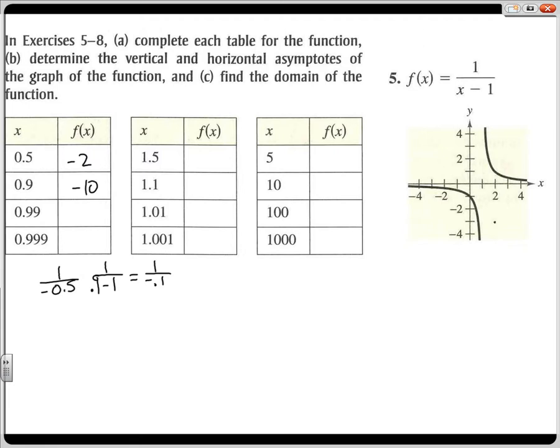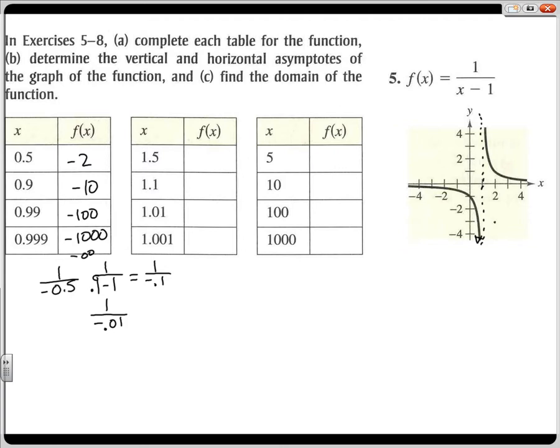And then we'll have 1 over negative 0.01, which is negative 100. And I think you can see the pattern. Negative 1,000, which makes sense here as we're getting closer and closer to 1, which is our asymptote. From the negative side, we're going down.